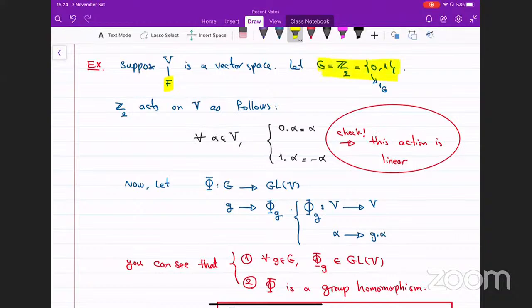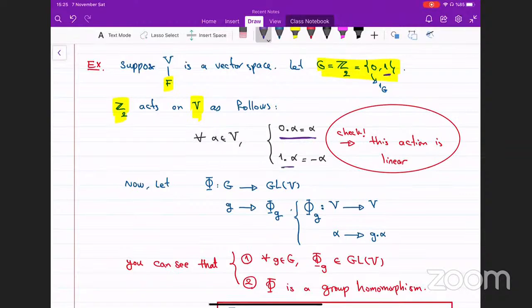You know that 0 is the identity of this group and 1 is the generator. So you can see Z2 acts on V, where V is any vector space over this field. You can define an action of Z2 on V in this way. The identity, according to the properties that we have for group action, sends alpha to alpha itself for any alpha. And the other element of the group was 1.